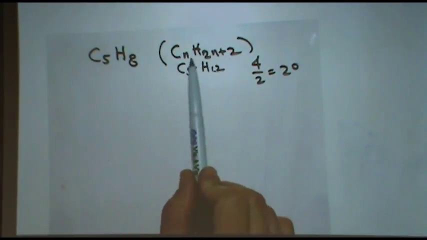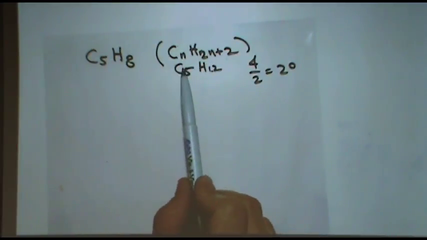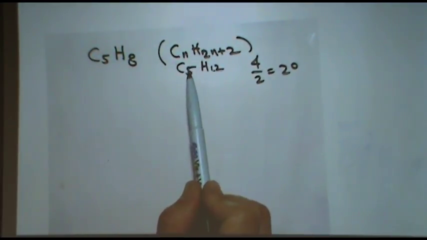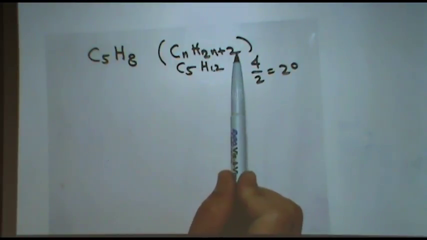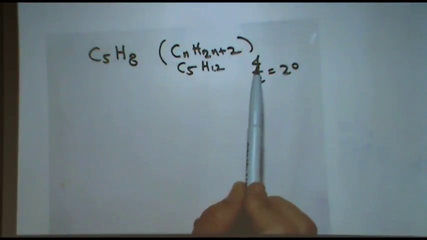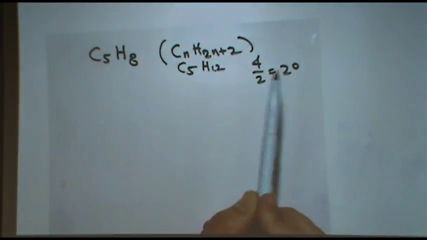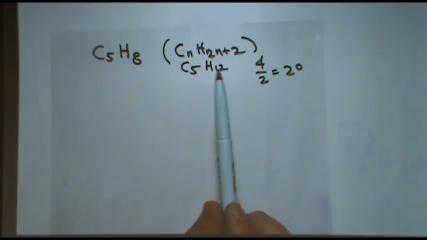Okay, you gotta remember this thing right here. CnH2n plus 2. You plug in for the number of carbons, 5. And then you go 2 times 5 plus 2, that's 12. It is missing 4 hydrogens. That's where this 4 is. You divide by 2, and that gives me 2. This is called the degree of unsaturation.